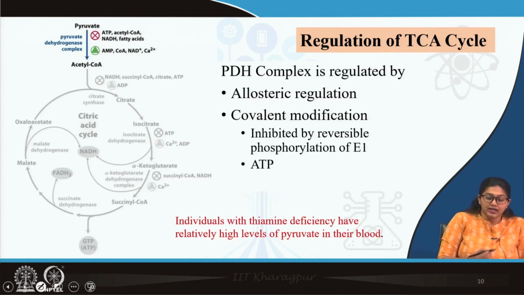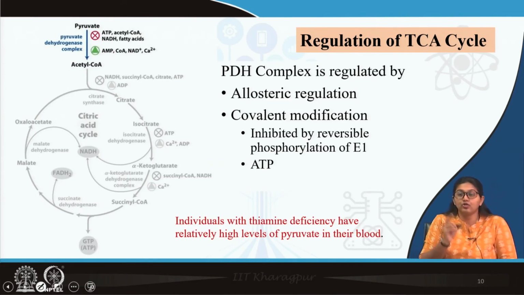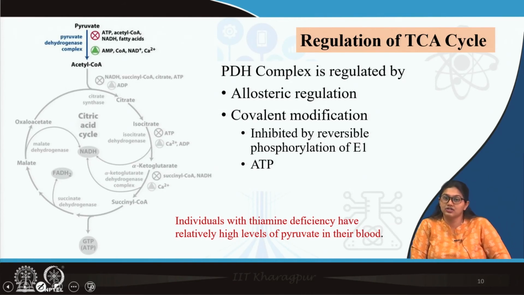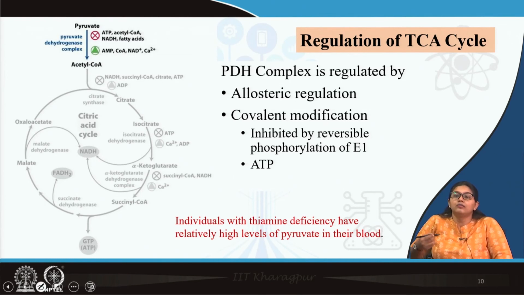In pyruvate dehydrogenase complex regulation, there are two different mechanisms. One is allosteric regulation and the other is covalent modification of the enzyme. In allosteric regulation, the TCA cycle occurs when there is a requirement of energy in the body, so the body needs more ATP.